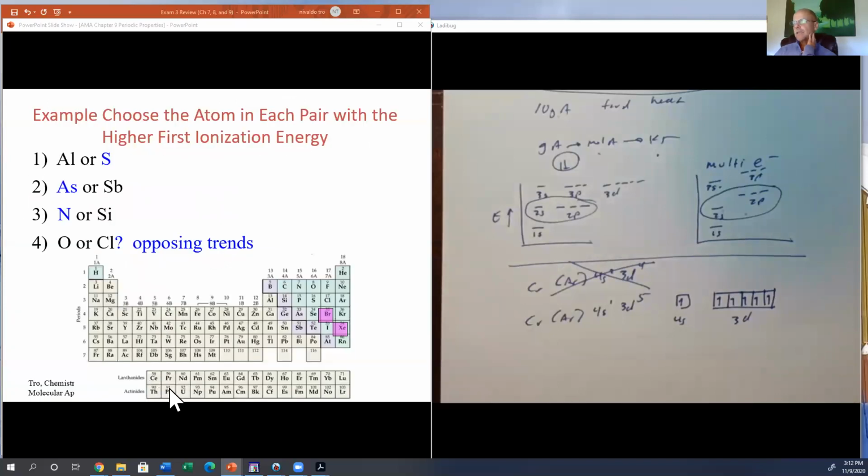For the lanthanides and actinides, it's the period number, which is 6 and 7, minus 2. So these would be the 4f, and these would be the 5f.